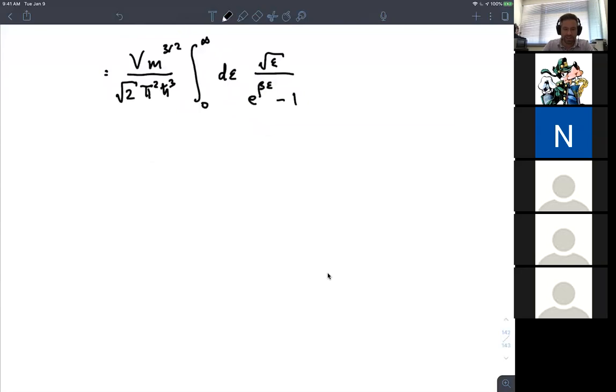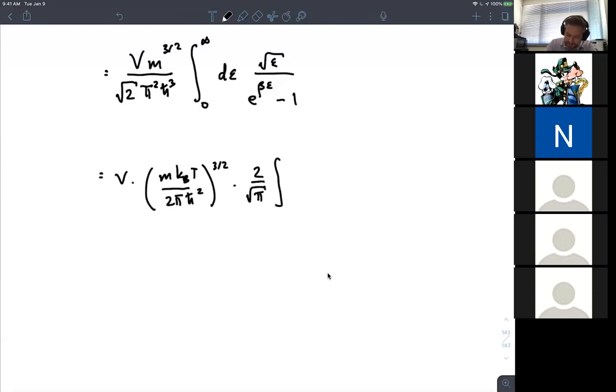Now let me again rearrange some things. All I'm going to do is just rearrange numbers. Let me write this in the following way: squared to the 3/2 times 2 over square root of pi.